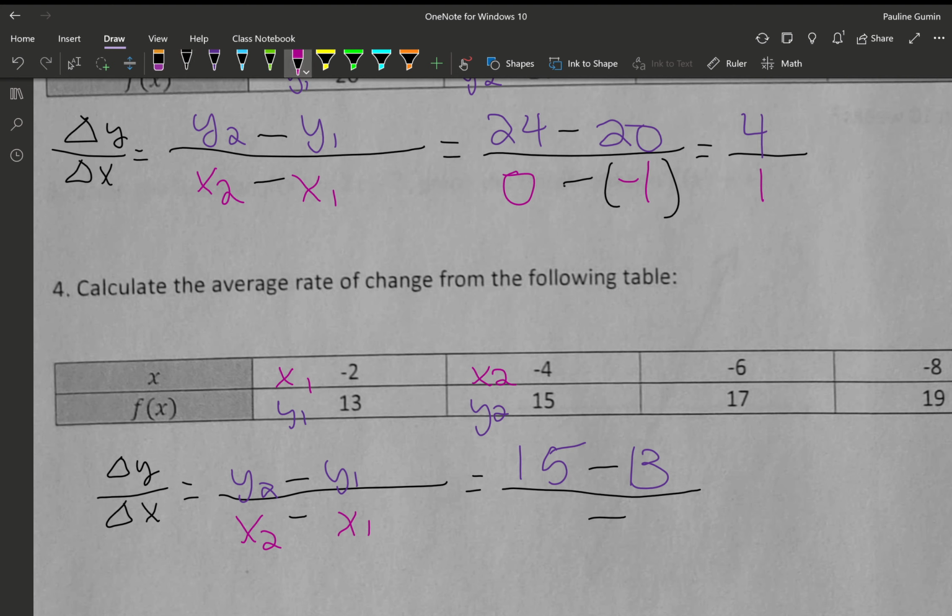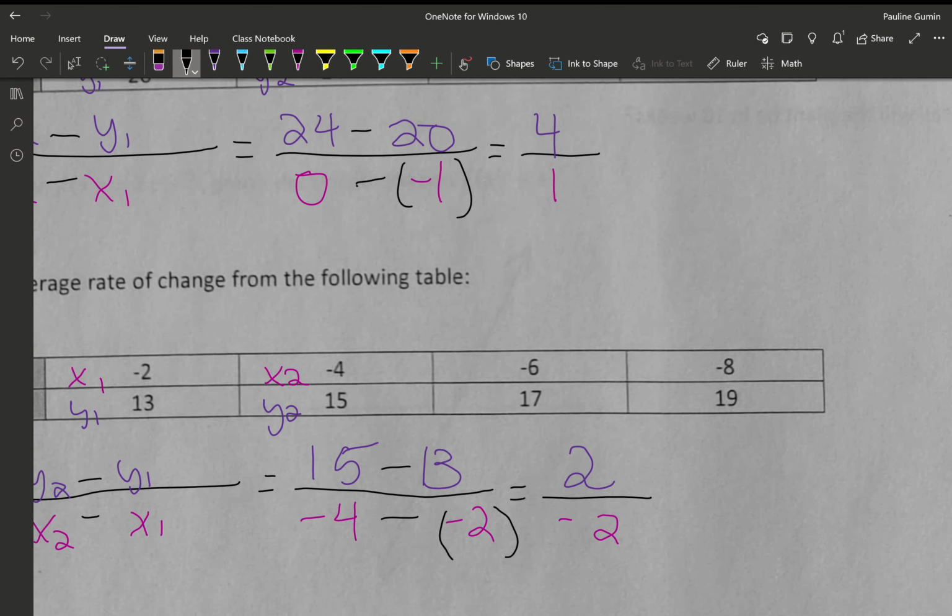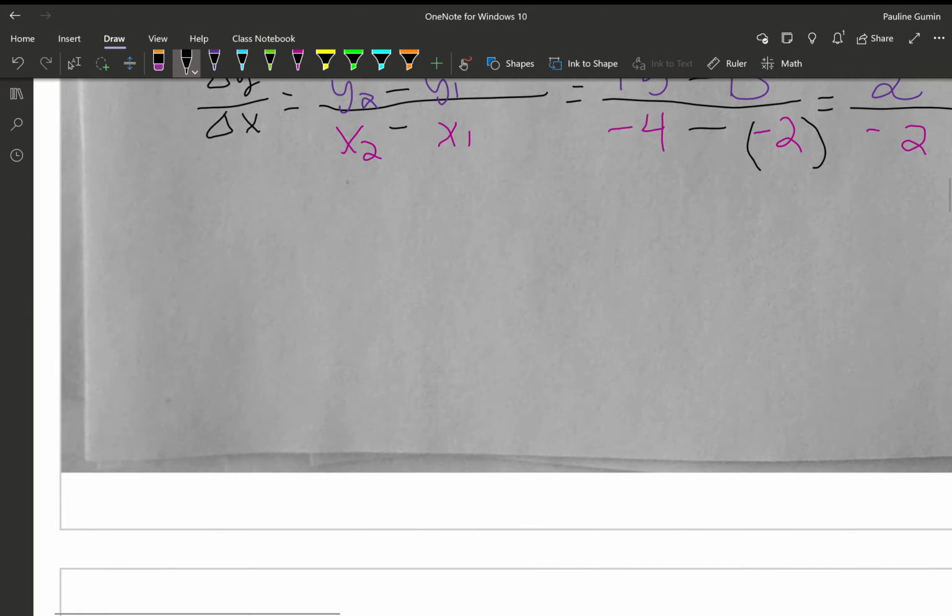And on the bottom, we've got -4 minus -2. 15 minus 13 gives us +2. -4 minus -2 gives us -2. And I can simplify this to 1/-1. All right. Onwards we go.